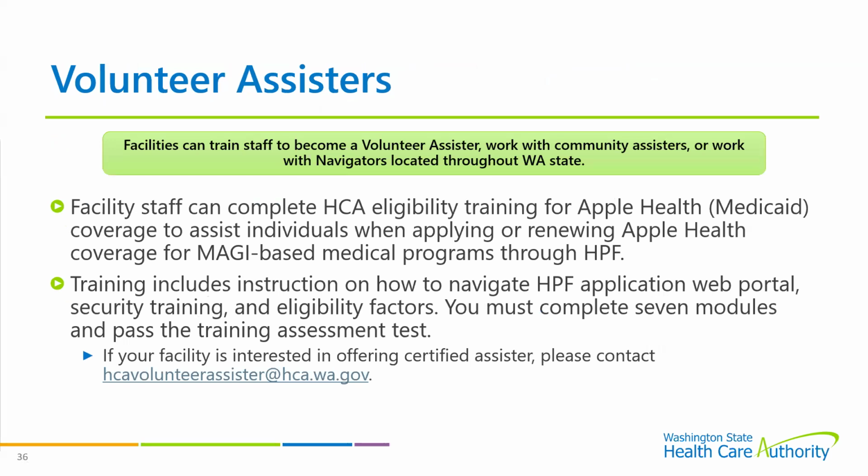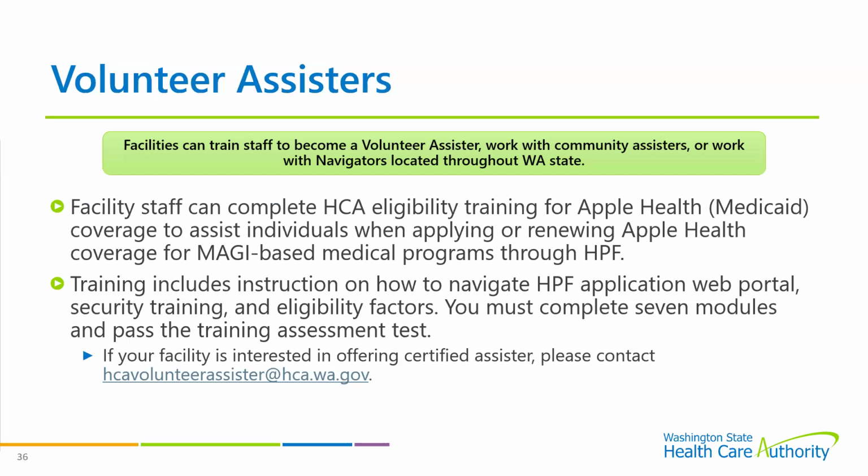Facilities can train their staff to become volunteer assisters or work with community assisters or navigators. Volunteer assisters can assist individuals when applying or renewing Apple Health coverage for MAGI-based medical programs through Health Plan Finder.